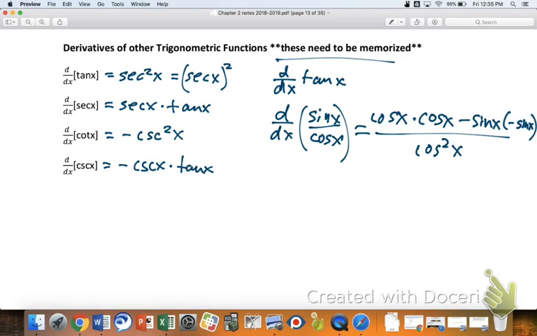It doesn't look that promising yet, but let's do some manipulation. Look at the numerator. What's cosine times cosine? Cosine squared. And look at the second part of the numerator. What is negative sine of x times negative sine of x? Plus sine squared.